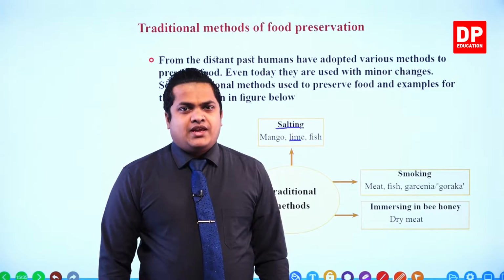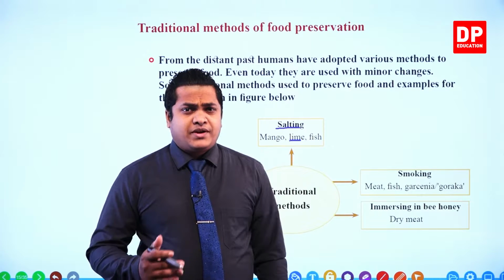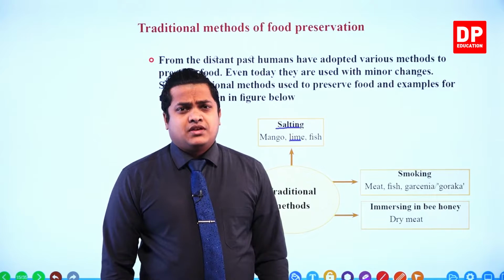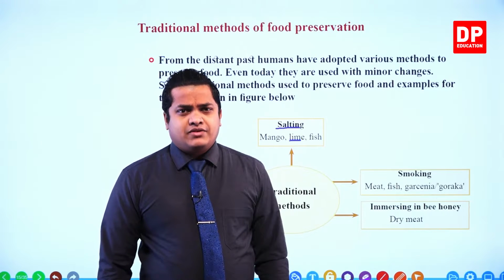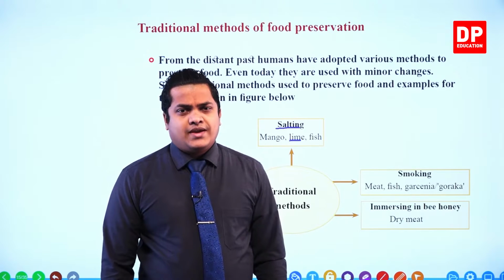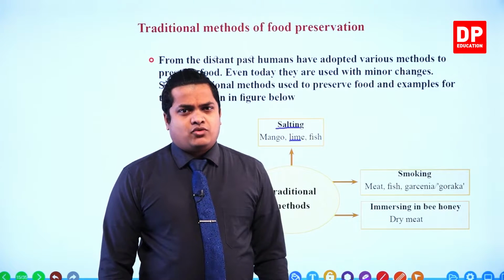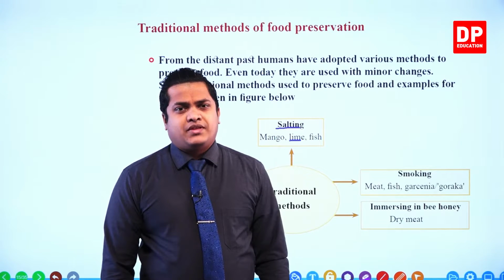We are going to inhibit the spread of microorganisms by covering the food with a suitable cover, or else we are avoiding the growth of microorganisms by reducing the water content. So this is how to preserve food items by using traditional ancient methods.